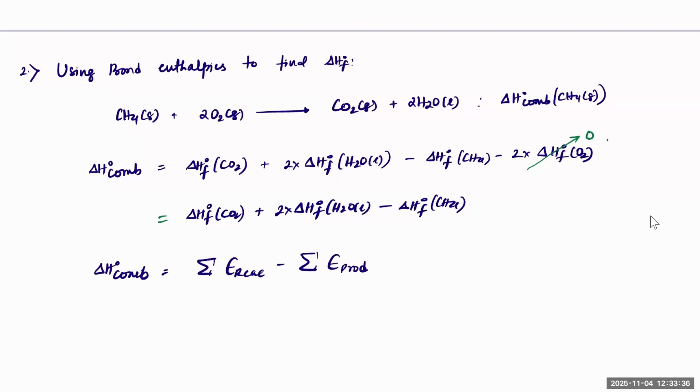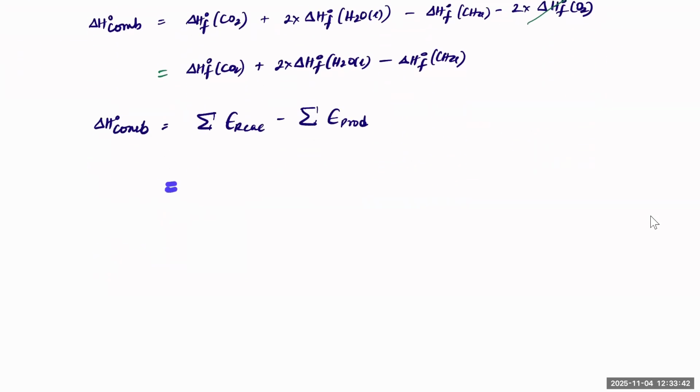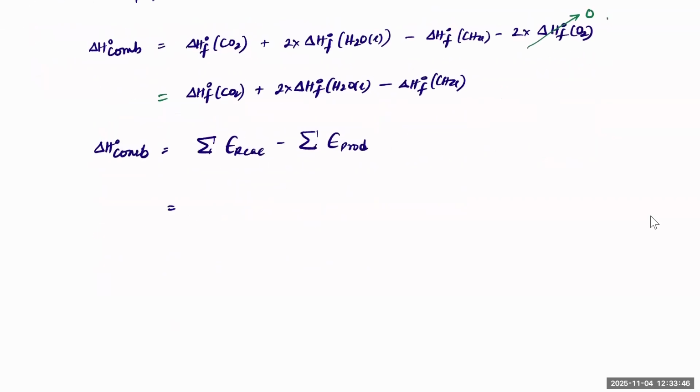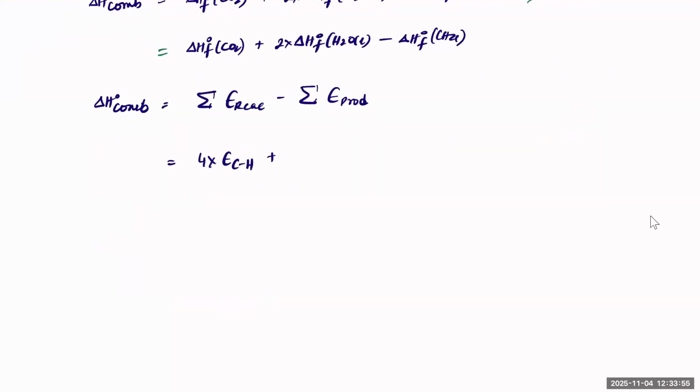For bond dissociation, we write reactants minus products. On the reactant side, what do we have? I have CH4 as a gas, which is 4 bonds of epsilon C-H, plus 2 times epsilon of O double bond O.